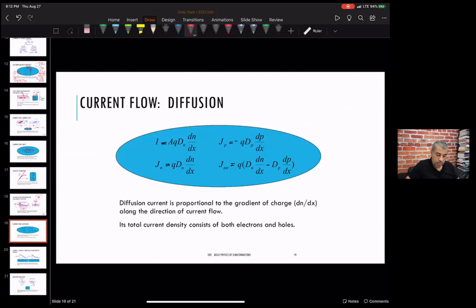We have this proportionality of current to these three factors: the area, the charge of an electron, and the change in carrier concentration as a function of distance. And the proportionality constant is this D sub n, which is named the diffusion constant.